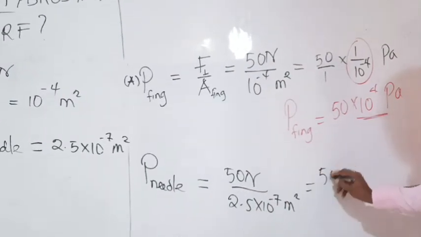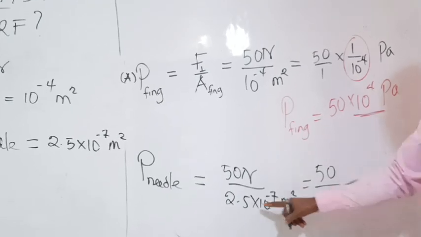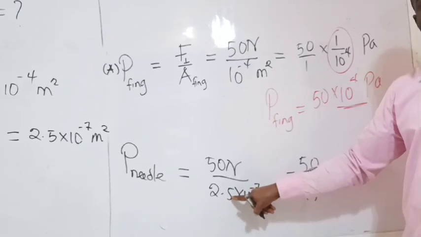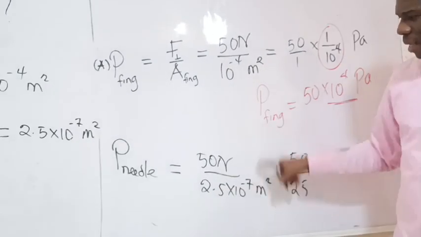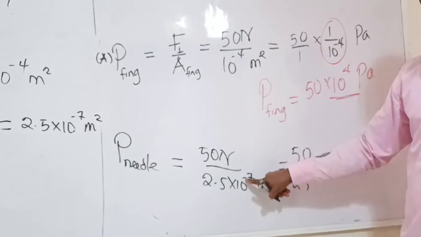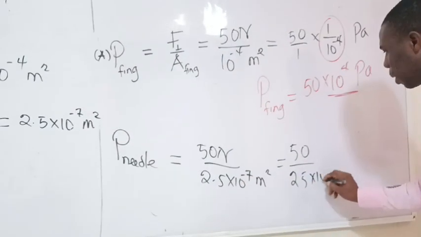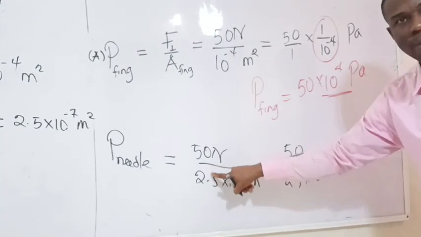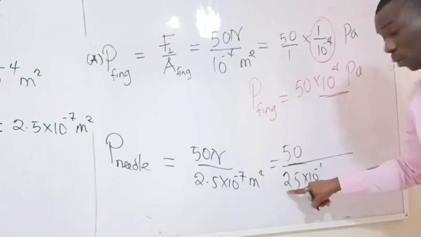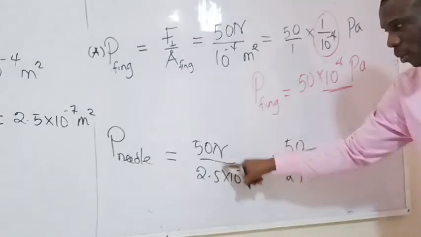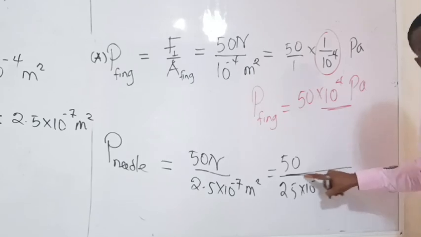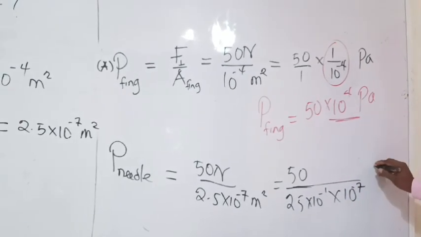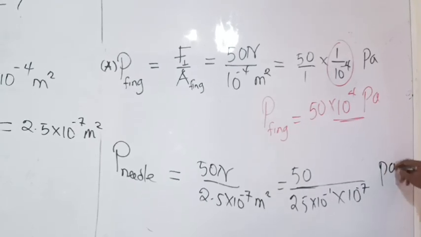This becomes 15 over 25, then you have, I'm moving the decimal point one place forward. This becomes 25 times 10 to the power minus 1. But I'm adding the minus 1 to minus 7. Right? Let me do it this way. Times 10 to the power minus 1. Then this term is the same as 2.5. I'm making this decimal number a whole number this way, so I have to move the decimal point a step ahead. So you have this term, then I have times 10 raised to the power minus 7. And of course, my unit boils down to the Newton per square meter. And let me just call this Pascal.